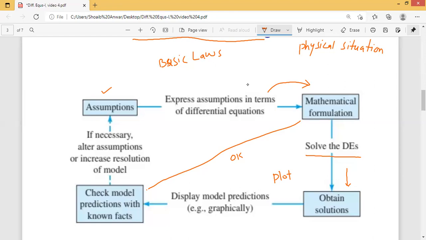If it matches our industrial outcomes up to a certain extent or with negligible error, then we say that the mathematical model describes the given physical situation in a better way. So that is the basic procedure. While using that procedure, we get our mathematical equations or mathematical model.